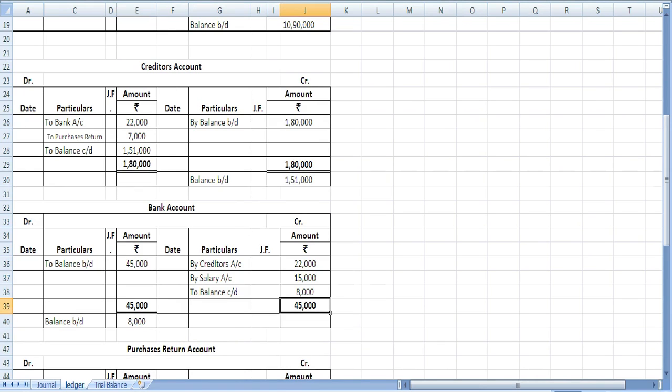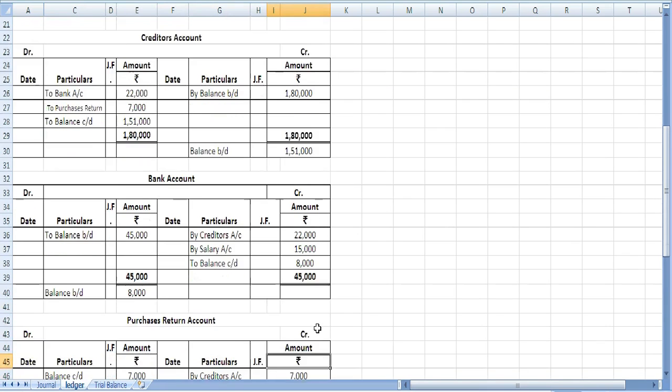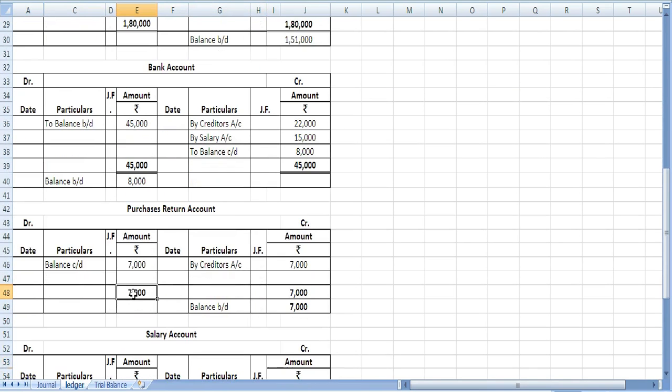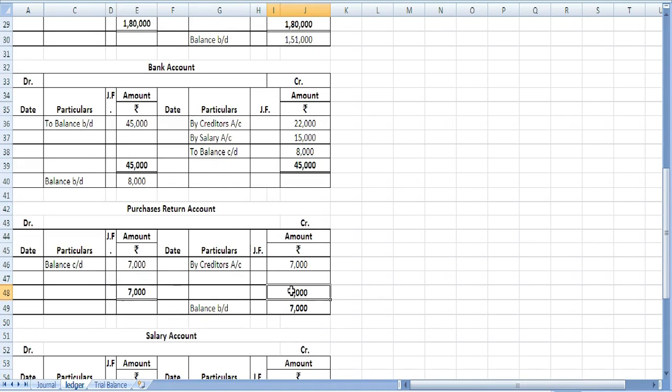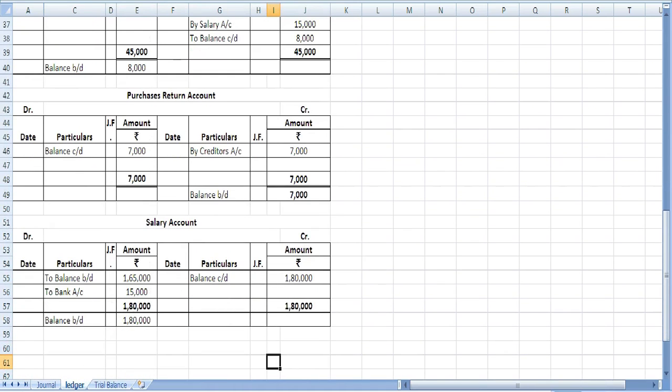Here this was nothing, so creditors 7,000, so the same thing became CD. Then we have 1,80,000 as salary, and balance BD was 1,65,000 and 15,000 to bank, so this side came to 1,80,000 as balance CD.